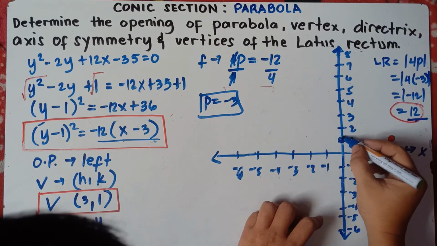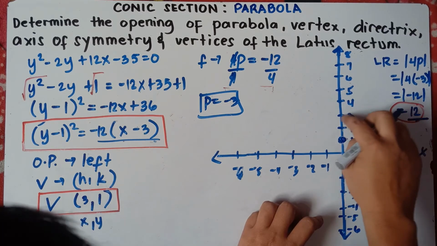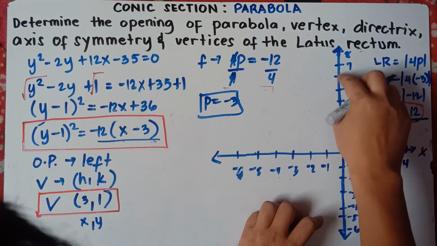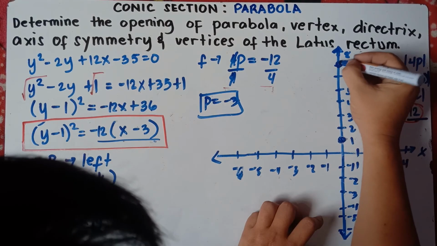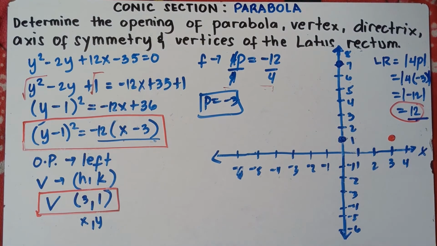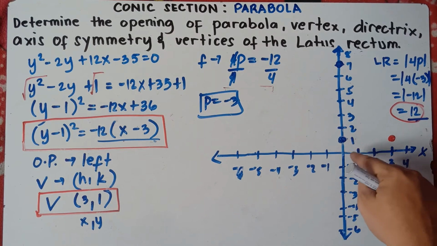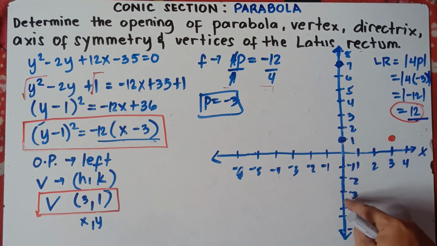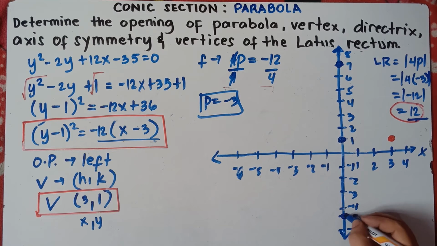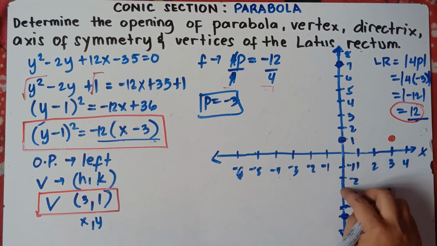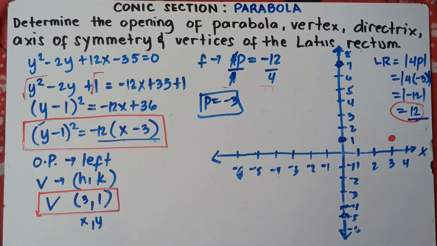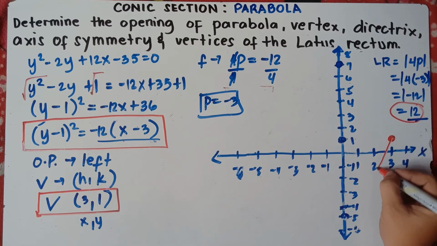Starting from the focus, you move 6 units, 1, 2, 3, 4, 5, 6. This will be the first point. And you move 6 units downward starting from the focus, 1, 2, 3, 4, 5, 6. That's it, class.